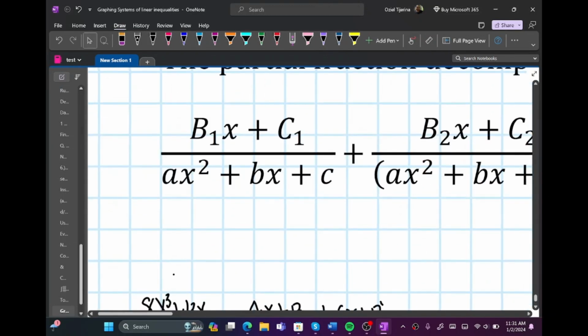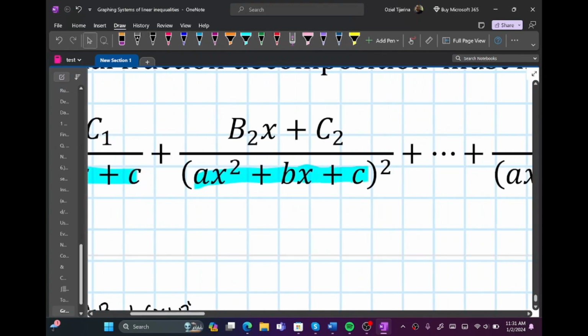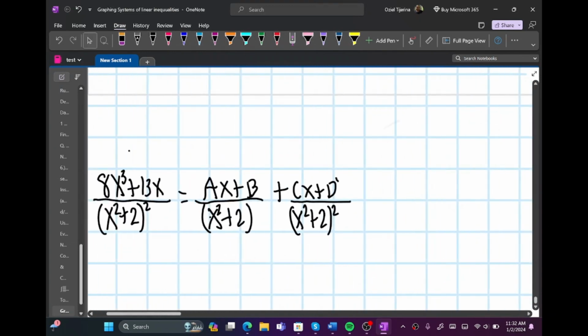So just know that this part is my original quadratic, or my polynomial, that is on the bottom.